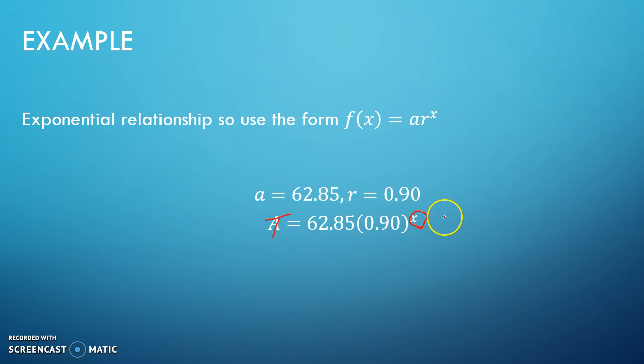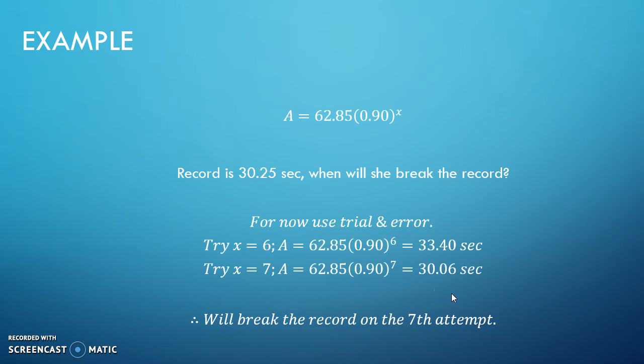As we increase our attempts, this time should be decreasing. So if we put that into our equation, when is the time going to be 30.25 minutes? That's when she's going to break the record.